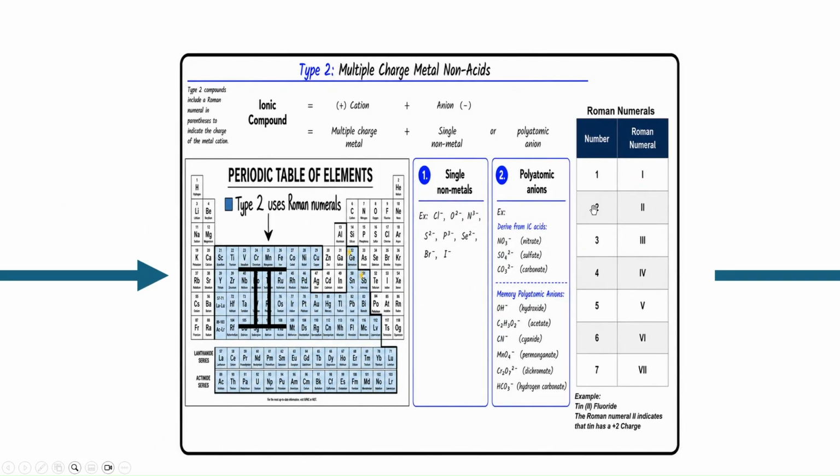Type 2 consists of ionic compounds whose cation can have different possible charges. Because the metal can have more than one charge, a Roman numeral is used to indicate the charge of the metal in the compound. So these are the Roman numerals that we use.